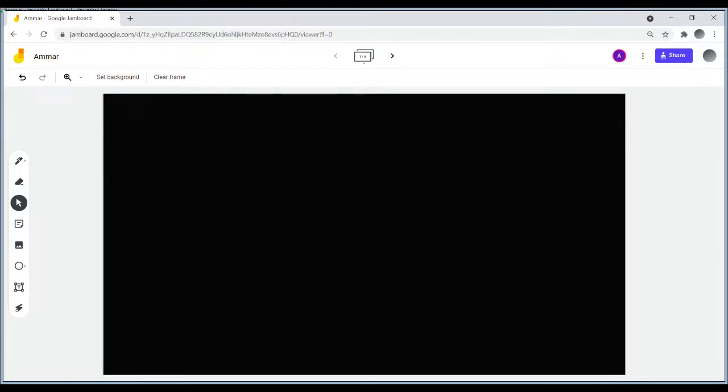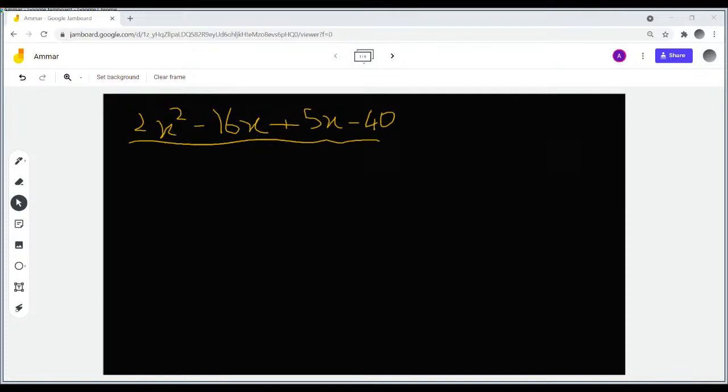2x squared minus x minus 40. 2x, x minus 4 plus 5 x minus 5.